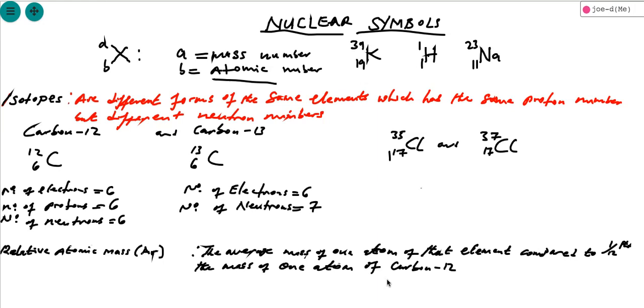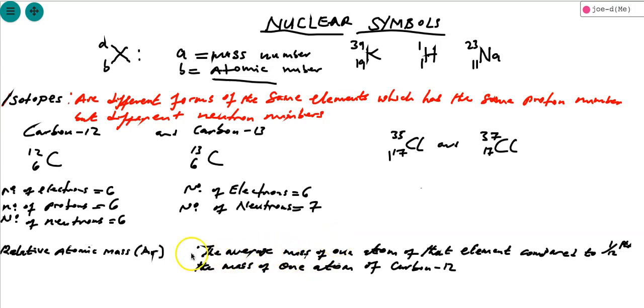Now, because atoms do exist as isotopes, remember we just mentioned isotopes as different forms of the same element, for example, carbon-12 and carbon-13. It means that if we want to look at their atomic masses, we have to use the average masses of the individual isotopes in order to come up with their atomic masses.